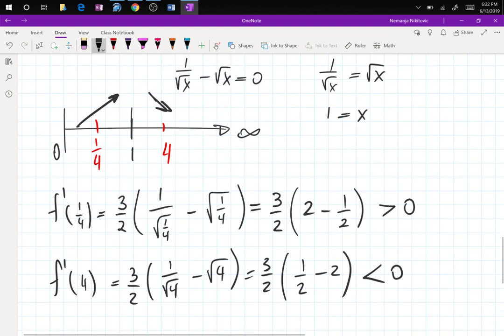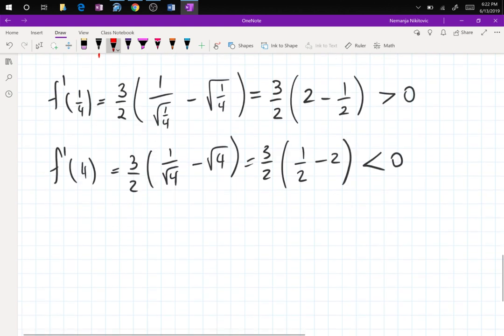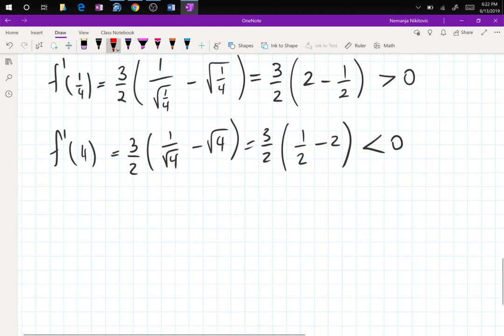And what we found is that at x equals 1, we have a maximum, because the arrows go up and then they go down.